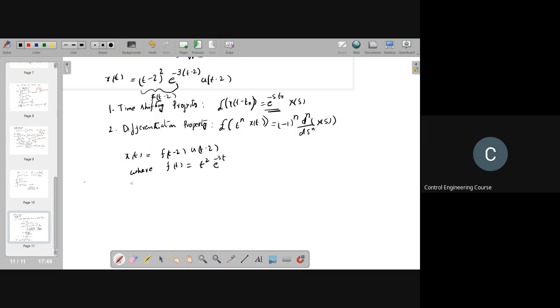Now we find the Laplace transform of the signal. I am using the differentiation property to find this one.